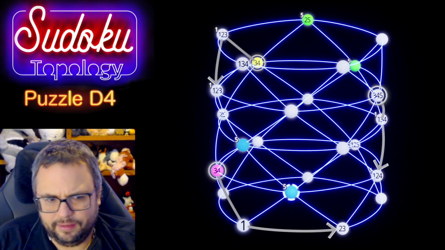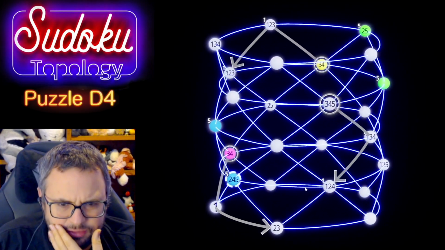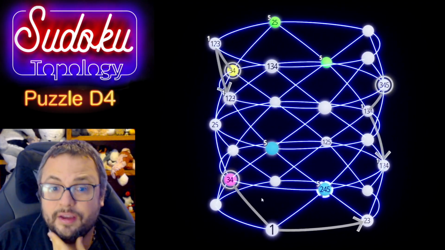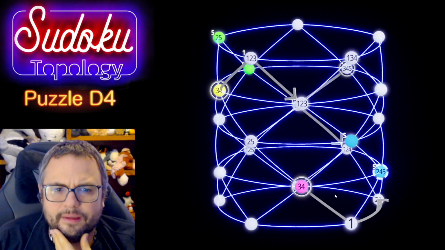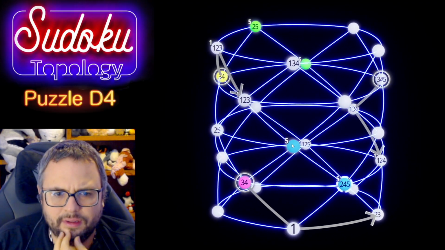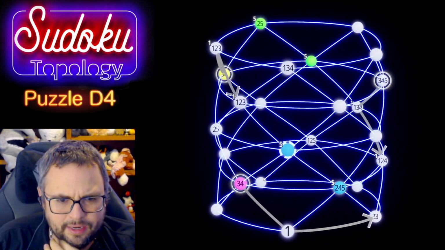So this cell is certainly from 2, 4, 5. While we're at it, this cell also sees that 1.